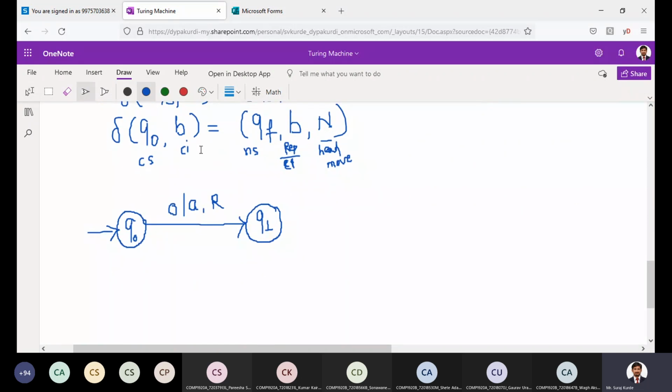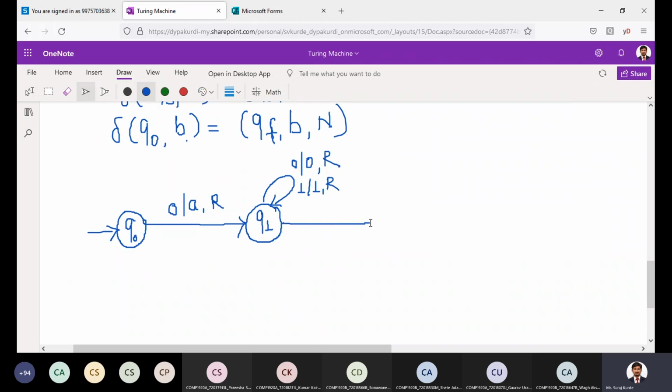So on Q1, a self loop. If 0 is input, keep 0 as it is, go to the right. If 1 is input, keep 1 as it is, go to the right.